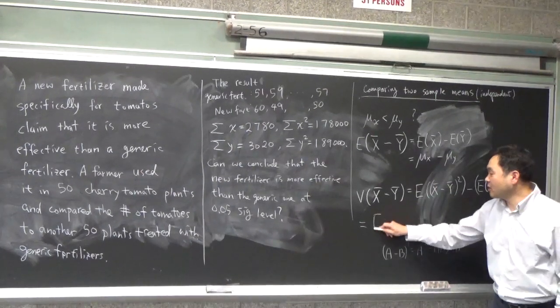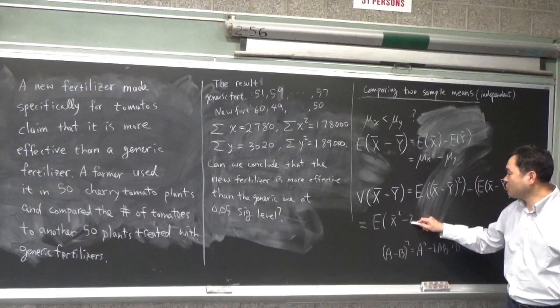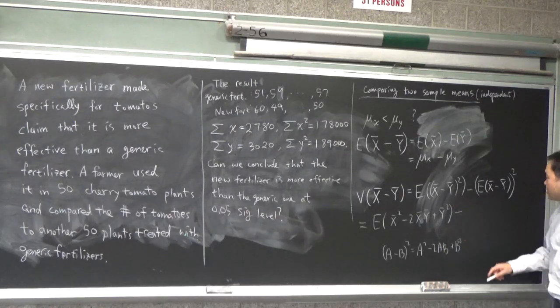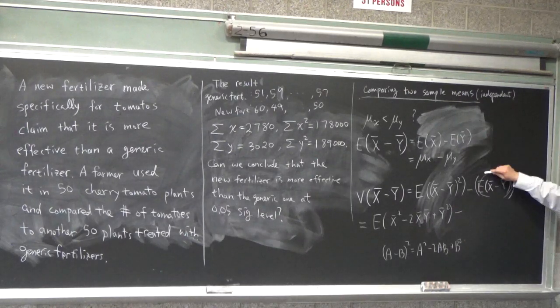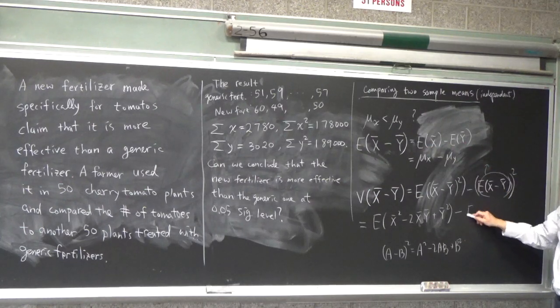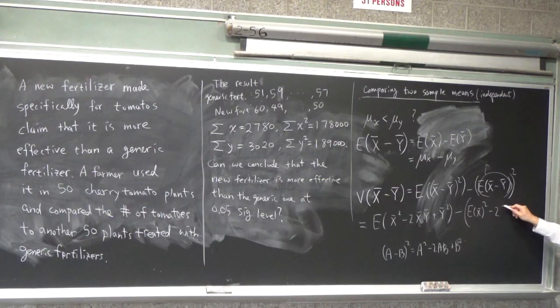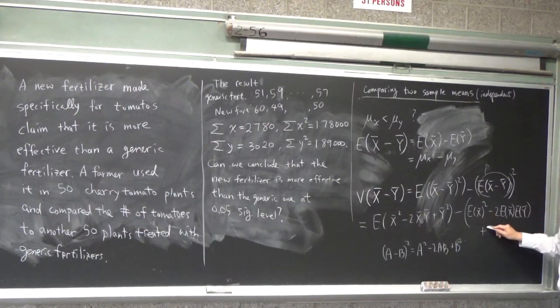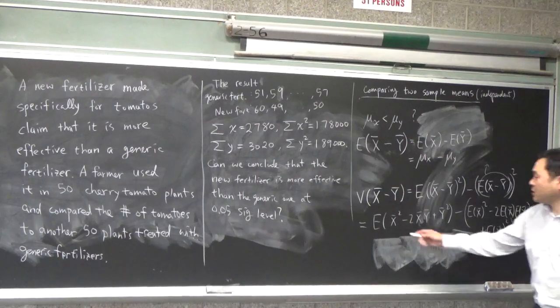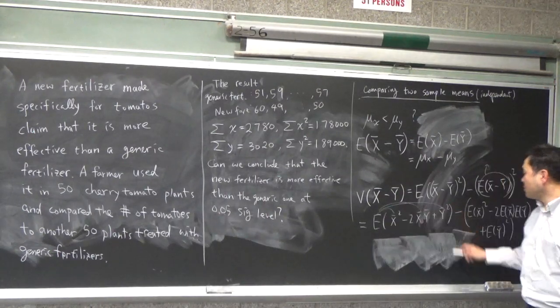So you get E of x bar squared minus 2x bar y bar plus y bar squared, minus, this one is the same as EX minus EY, so it will be EX bar squared minus 2EX bar EY bar plus EY bar squared. So just write them out. And again, because E is linear, you can just put them here.